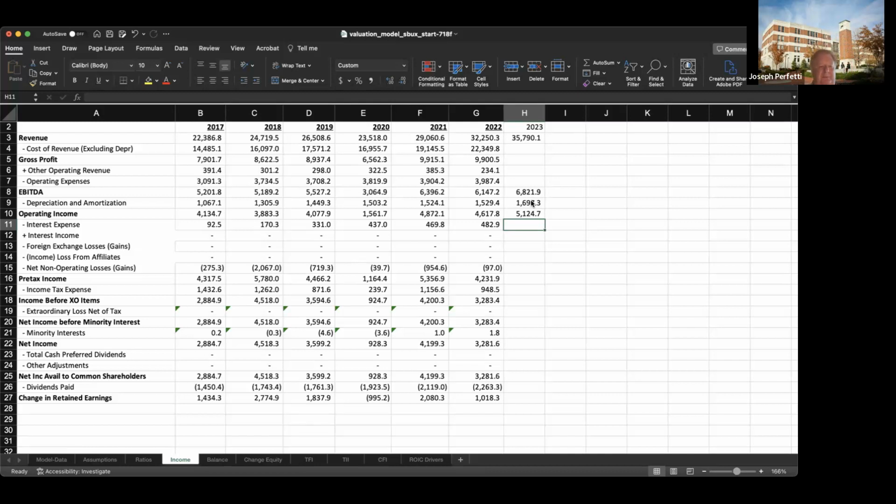Point number two, we use a constant WACC across the valuation. And the reason why we use a constant WACC is we assume a target capital structure which stays constant. So if the capital structure stays constant, the amount of debt and equity you have stays constant, then your WACC stays constant.